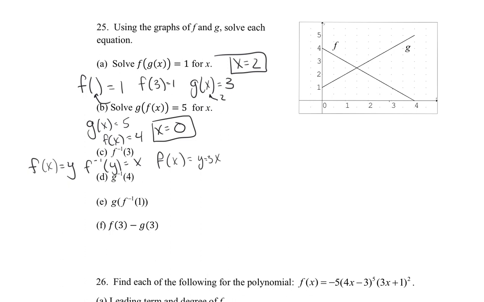So if we go to 3 here, that means x will be equal to 1. Same thing for g of x. We have to find out where it equals 4, and that will be at 3.